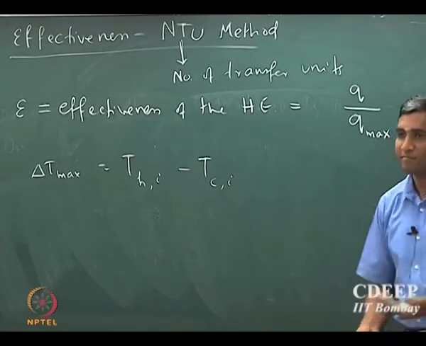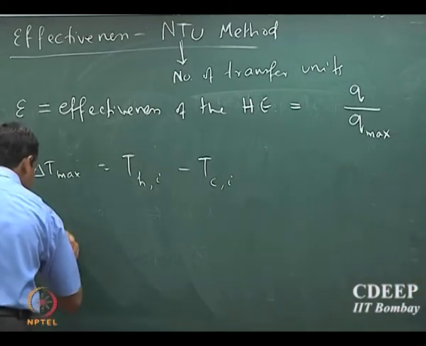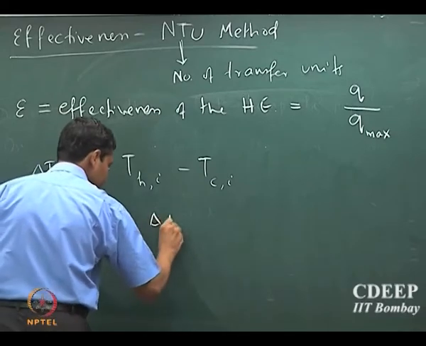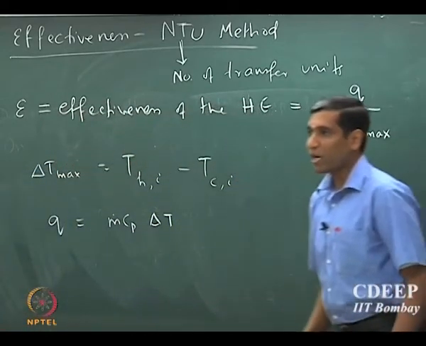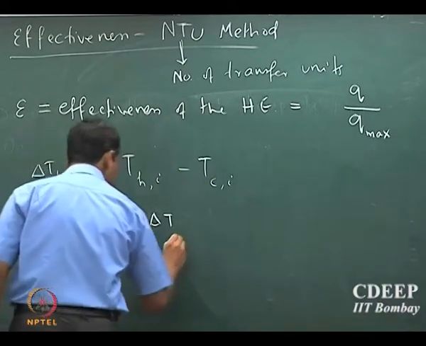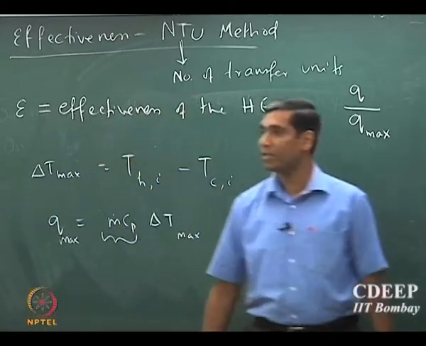So how do we find that? Remember that Q is simply defined as m dot Cp into delta T. One could intuitively guess that Q max has something to do with delta T max, but the question is what m dot Cp you should use.